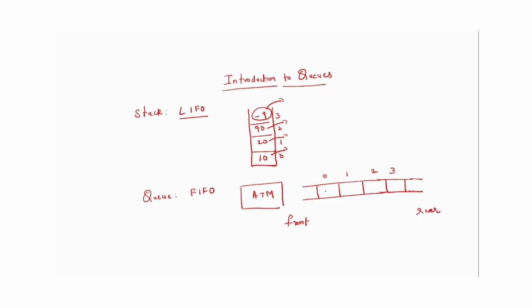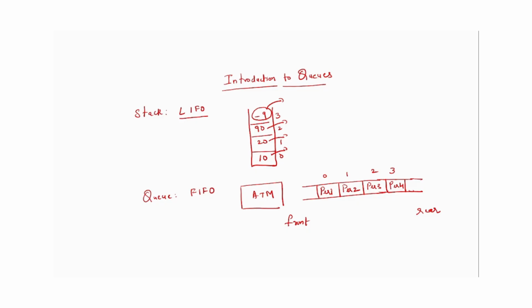So now when the first person comes in, he comes in here, then the next person comes in, he comes into the line next to person 1, right? This is person 2. So I am adding persons to the rear of the queue, right? So person 3 here, and then person 4 comes in here.